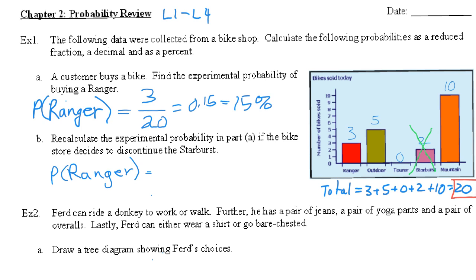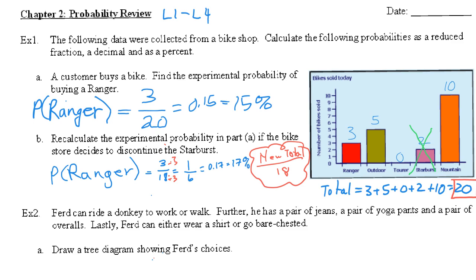In this case, the new total is going to be, instead of 20, it's going to be 18. So now when we calculate the probability of a Ranger, it's now 3 over 18. Which gives us, you divide the top and bottom by 3, and you end up with 1 over 6, which gives us a decimal of 0.17, which is 17%.